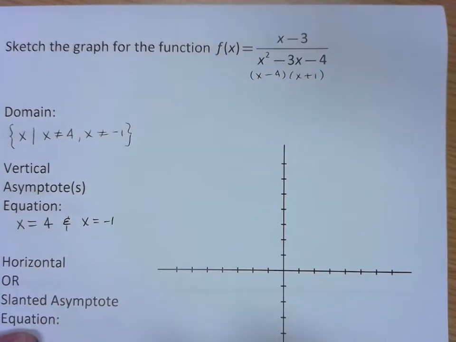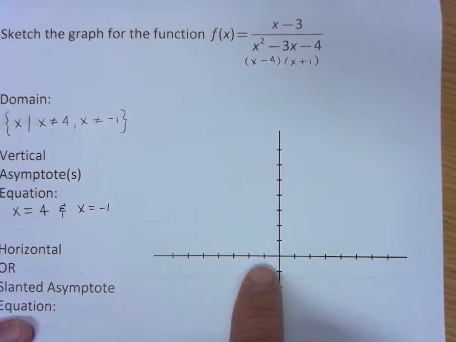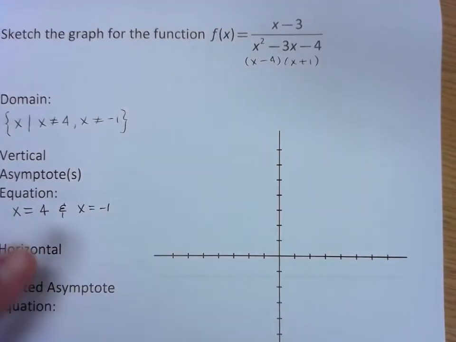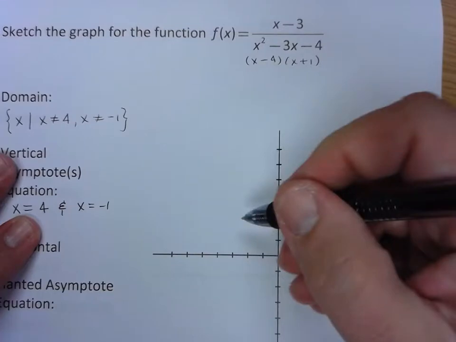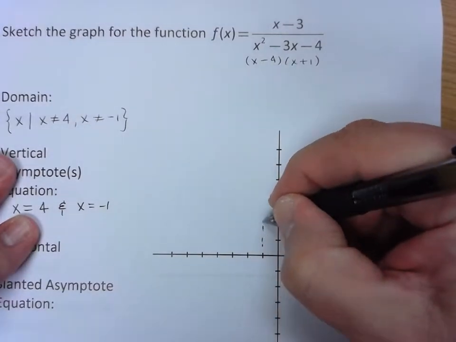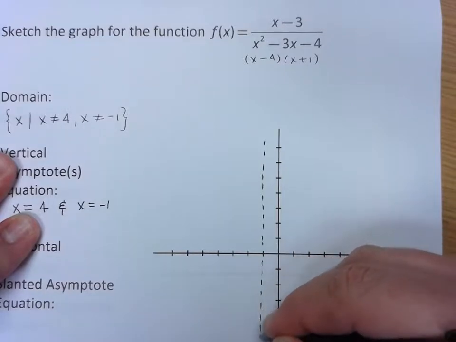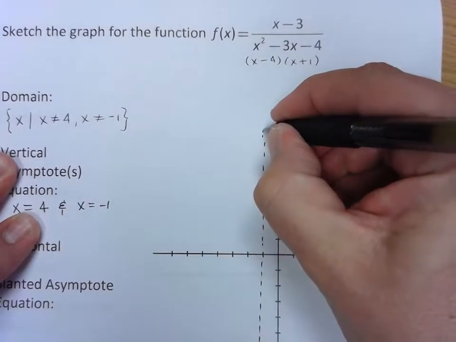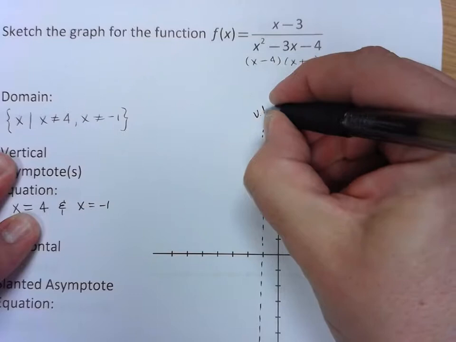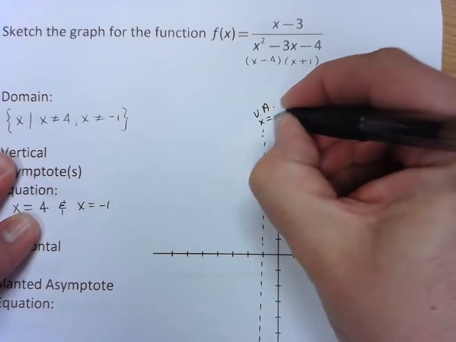So what you need to do to represent vertical asymptotes is to just draw some dotted lines on here at these particular x values. So at x equals negative 1, I'll draw a vertical line there that represents the placement of that vertical asymptote. And I'll label it here at the top. That is a VA at x equals negative 1.